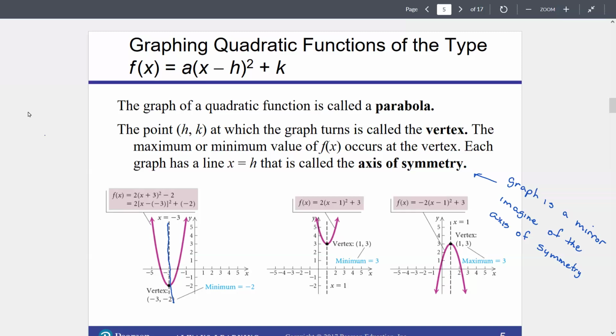So just so we can see this again here. For this first one, we have a vertex at (-3, -2). Remember, your generic quadratic or parabola is just going to be x squared.